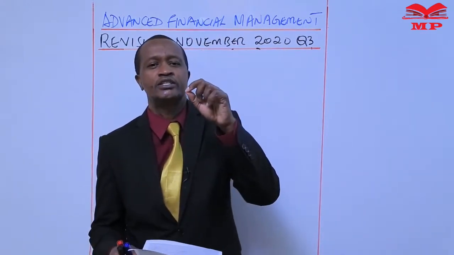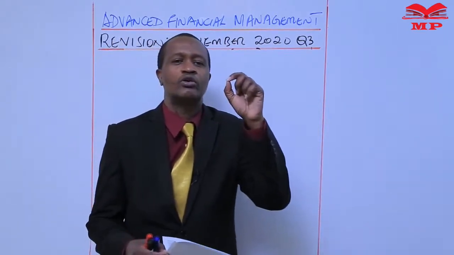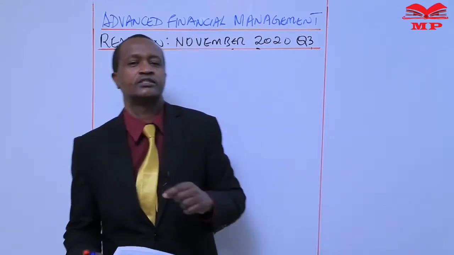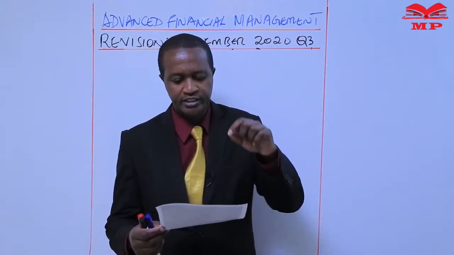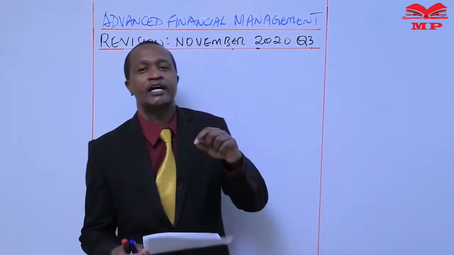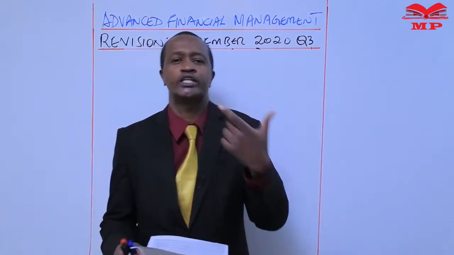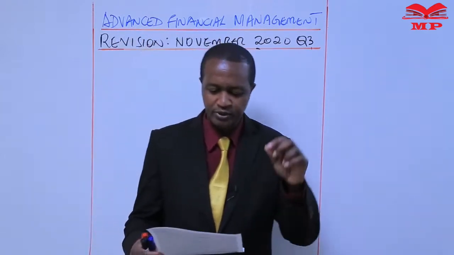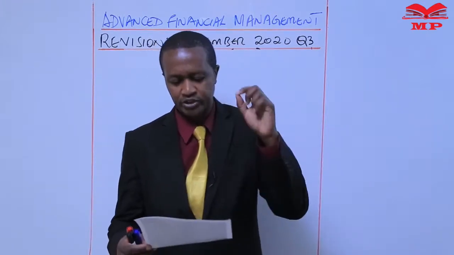Lenders normally charge lower initial interest for the adjustable rate mortgage than the fixed rate mortgages. So candidates, with the adjustable rate mortgages, the interest rate and the monthly payments change monthly. They may also change quarterly. They may change yearly and so on. So that's the difference between fixed rate mortgage and adjustable rate mortgage.